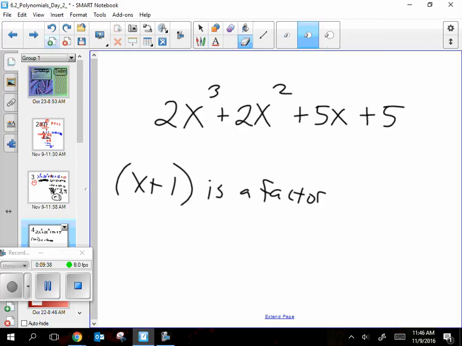I'm going to change this to a Q. X plus 1 is a factor, which by the way means what's a root? So what's a 0? Isn't a root and a 0 the same thing? So what's a 0 for this thing? -1. So solve it. Find Q.